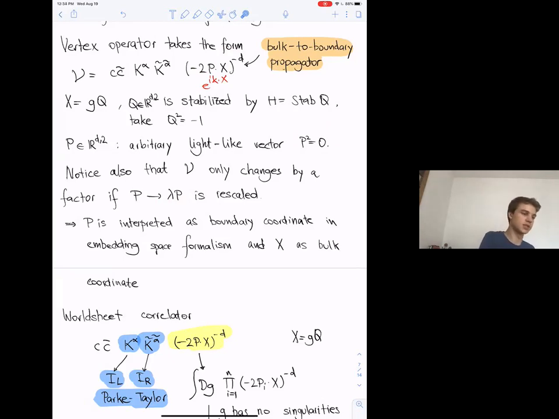And that is exactly what we identify with the bulk to boundary propagator in AdS in the embedding space formalism. Here P is now interpreted as the boundary coordinate of the vertex operator and X as the bulk coordinate.